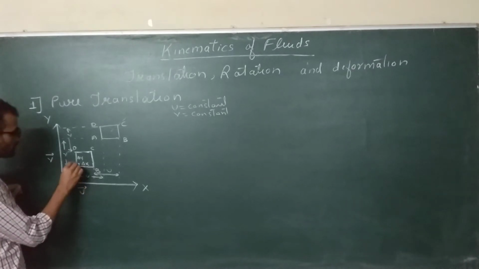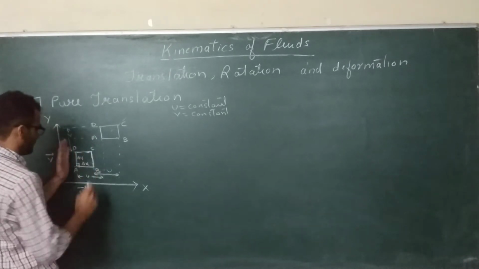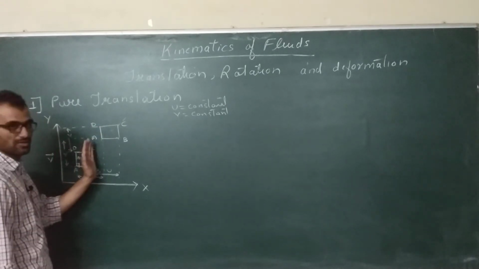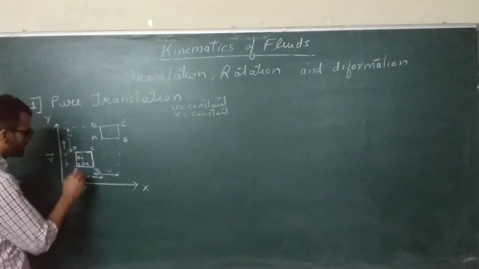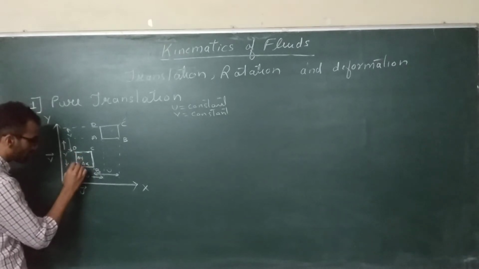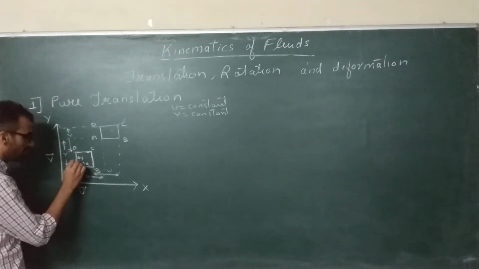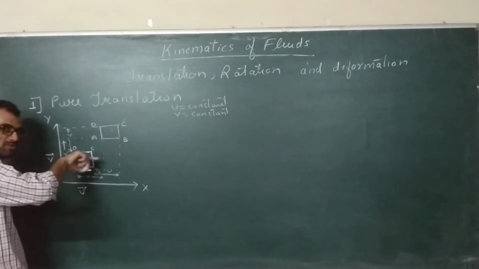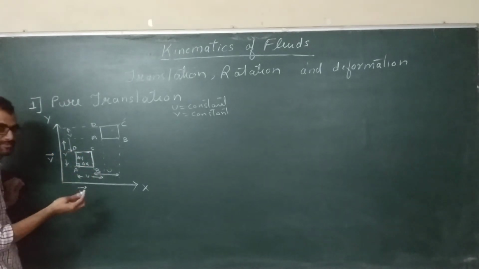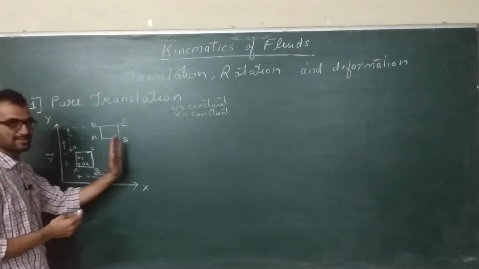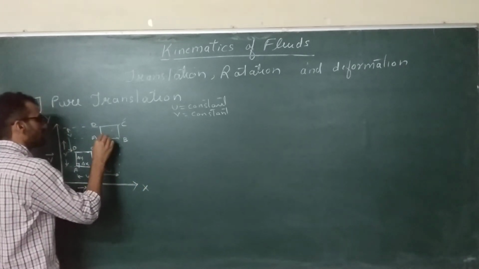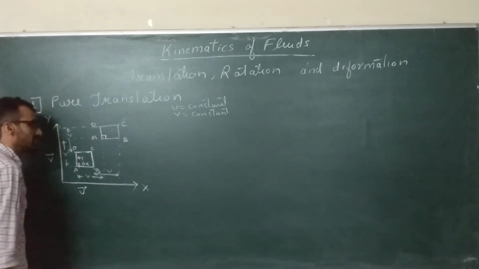Since component AD will also move in the same way, it will be parallel to AD. Why will this AD not shift? Since the u velocities are also constant on this entire segment, at different points the horizontal component of velocity, that is u, is fixed, so it will keep moving like this, parallel. So that's why this included angle will not change and it will remain as it is.